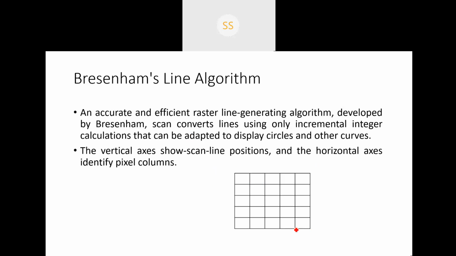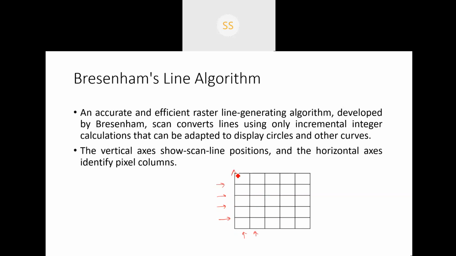Now I'm showing you a small diagrammatic representation of a display screen. I have some rows and some columns of pixels. The vertical axis shows the scan line positions, so these rows are your scan line positions.